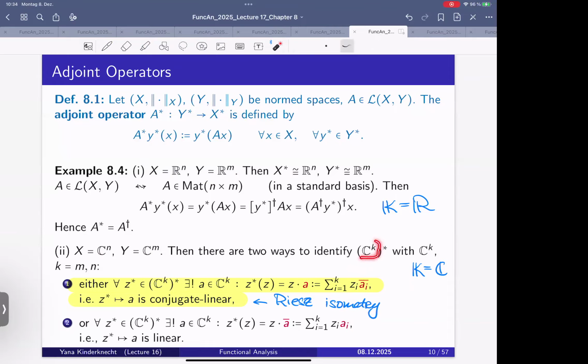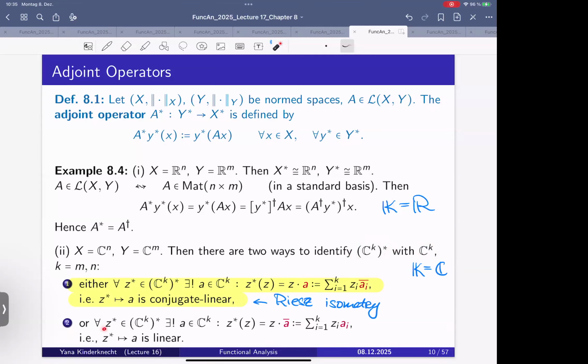And recall that this is a nice Hilbert space. So in this particular example of a Hilbert space, Riesz isometry is given exactly like this. And then this association, so identification of this space and this space, is conjugate linear, because Riesz isometry is conjugate linear. So you see here this bar. There is also another way to identify this space and this space.